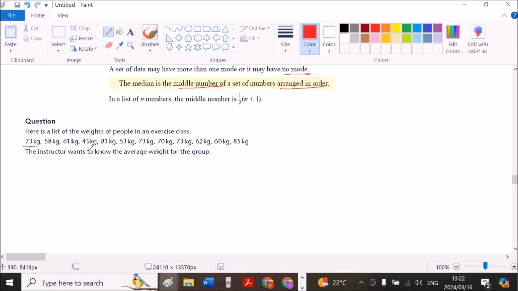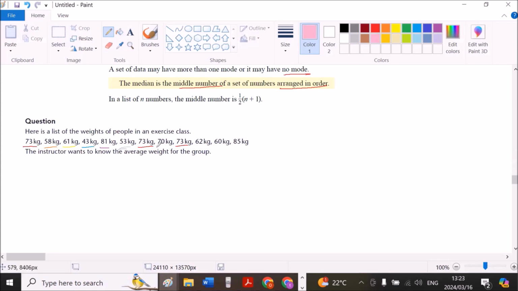So we have 73 there, 73, 73. Then we have 58, no more 58. Then we have 61, no more 61. Then we have 43, no more 43 kgs. Then we have 81, no more 81 kgs. Then we have 53, no more 53 kgs.